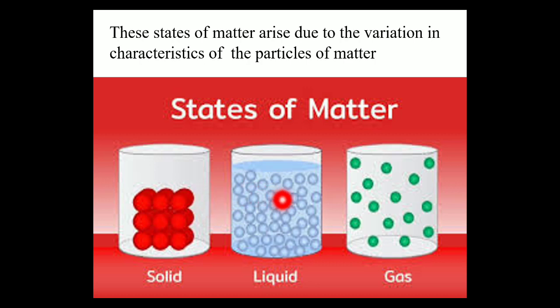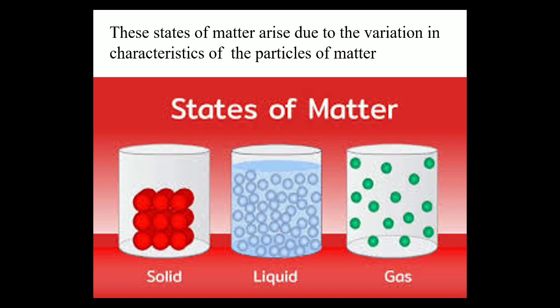But in liquids the particles are a little bit far from each other, and the force of attraction is less. In gases, the particles are very, very far from each other and the force of attraction is very, very less, right? So we have already understood that the characteristics of solid, liquid and gases are different.